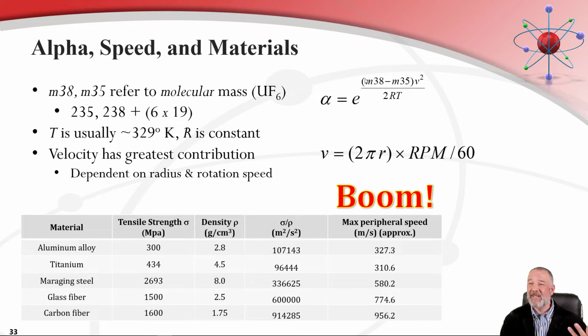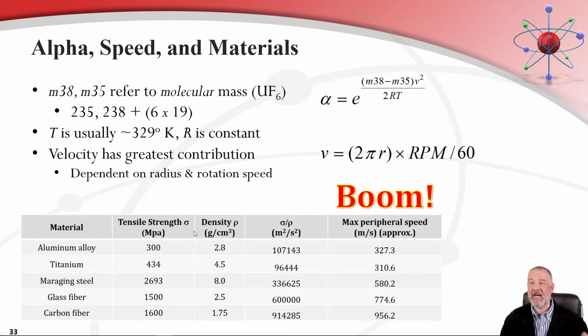Now, when we look at these masses, again, this is the mass of either a uranium-235 or 238 atom, but then you have to add the 6 fluorine atoms that are around it. If you forget to do this, you get a much different answer. So velocity, how fast it's spinning, has the greatest impact on how well we're going to separate the material.